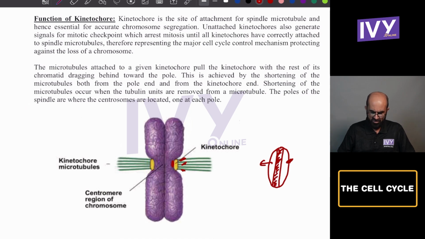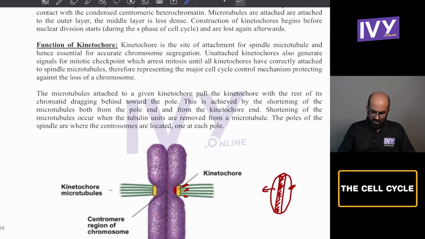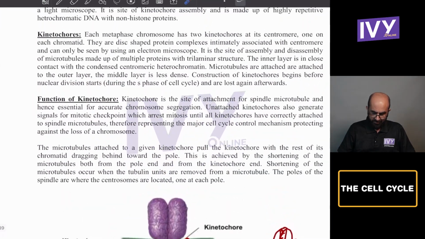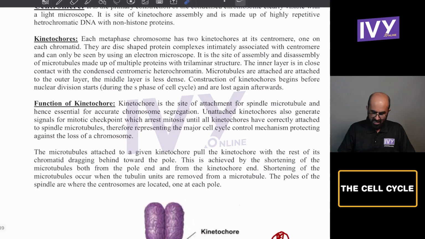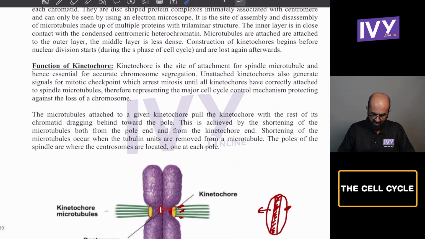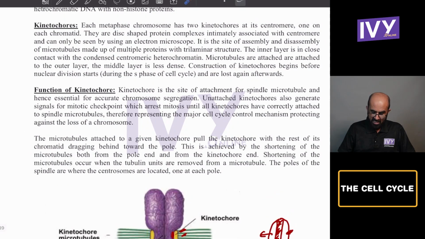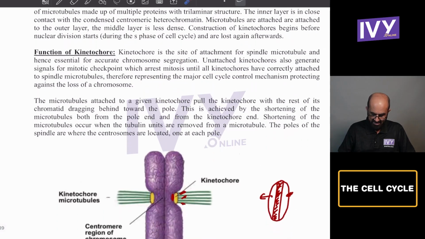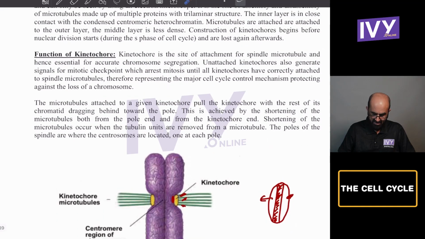That's what trilaminar structure means. You can see here that the inner layer is in close contact with the condensed centromeric heterochromatin. Microtubules are attached to the outer layer, and the middle layer is less dense. So this part is less dense.